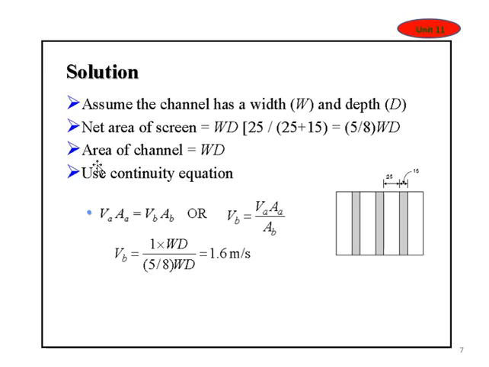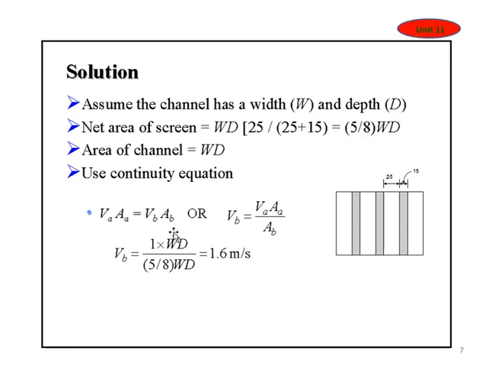Okay, in normal area, as I told you, this is W into D, right? So before the bar, the area is without bars, so the area of this section will be W into D, and between the bar the area is this one.